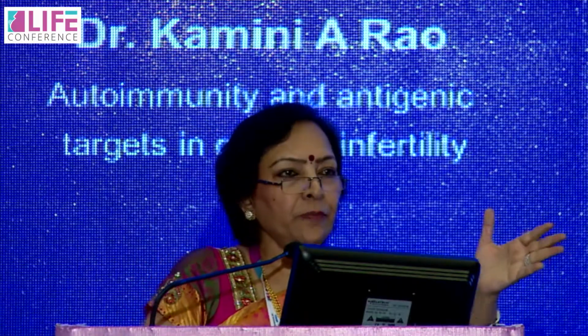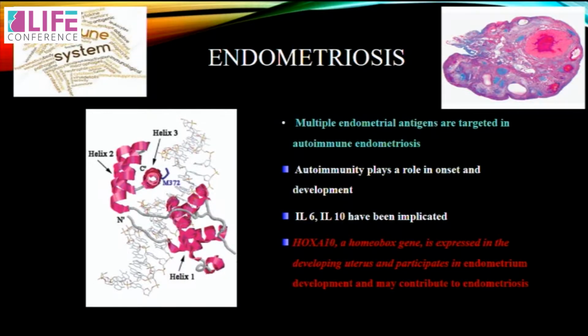Now, in endometriosis, we all know that the quality of the oocytes is compromised, and of course we know that many a time the follicular fluid in the follicles also gets altered because of endometriosis.